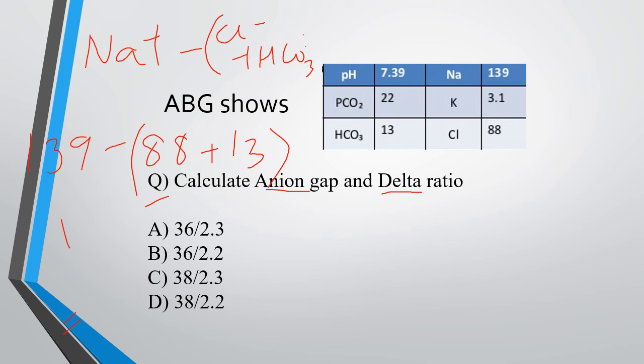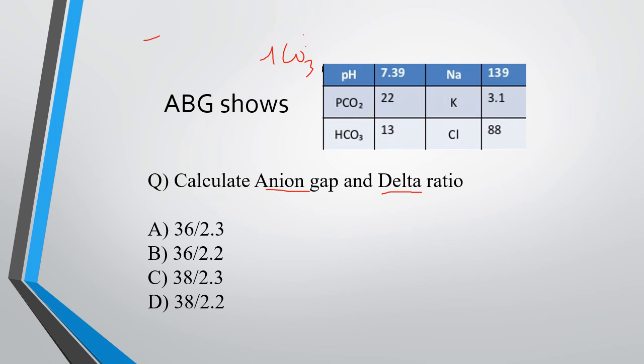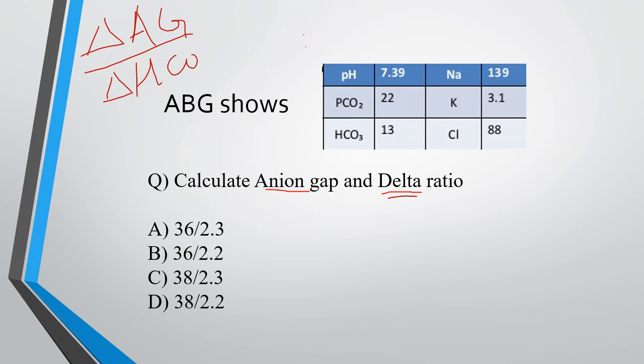The anion gap is 38. So what does that tell you? That tells you there's an elevated anion gap. Second part of the problem, the delta ratio. How do we calculate this? Delta ratio is the change in anion gap divided by the change in bicarbonate. So what is the change in the anion gap?